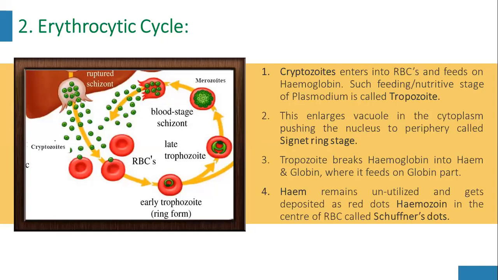These heme particles get deposited as red dots, which is nothing but hemozoin, in the center of the RBCs. We call these particular red dots Schuffner's dots, named after the discoverer Schuffner. But what are those chemically? Chemically, they are nothing but hemozoin.